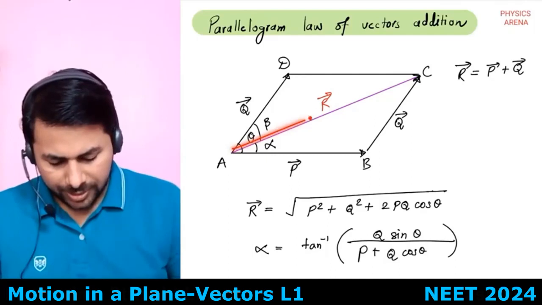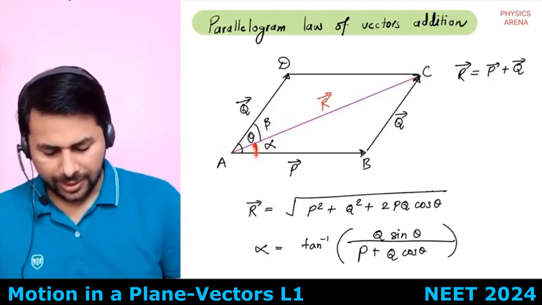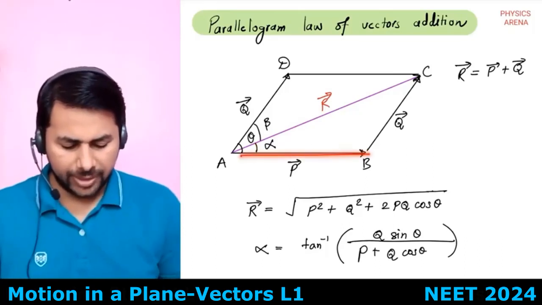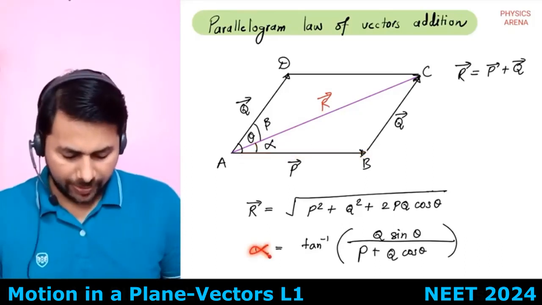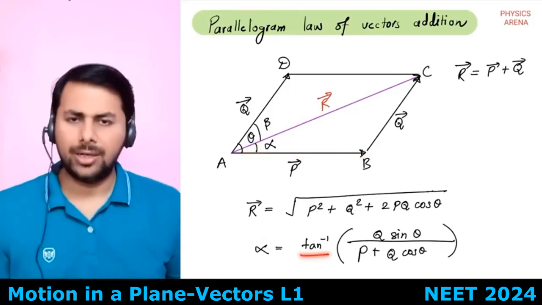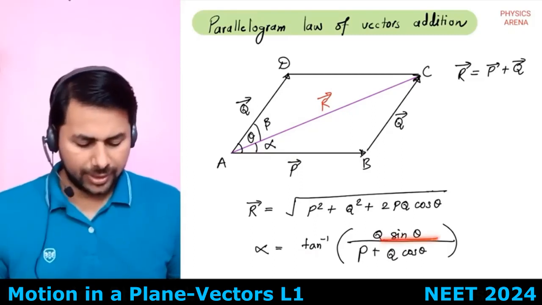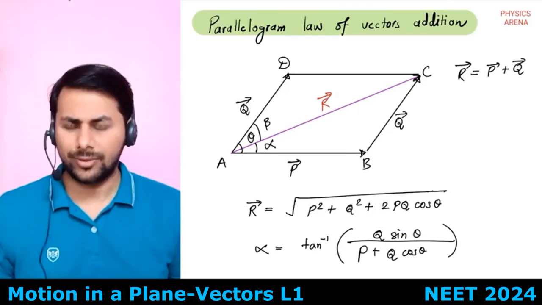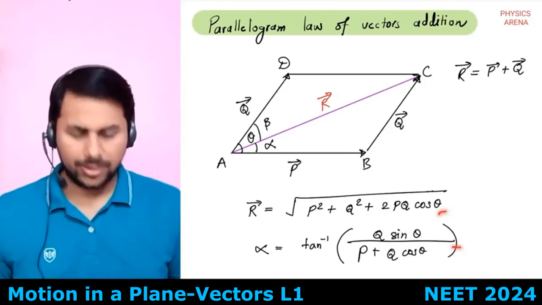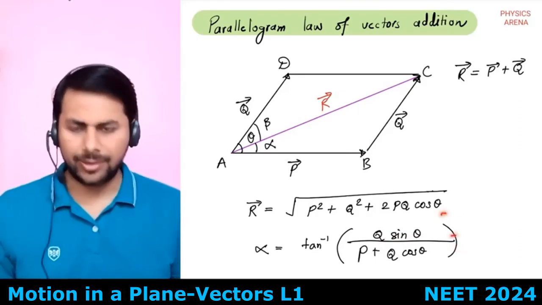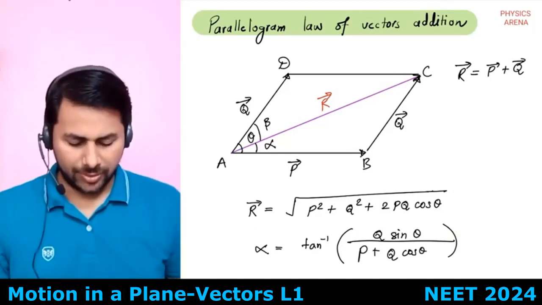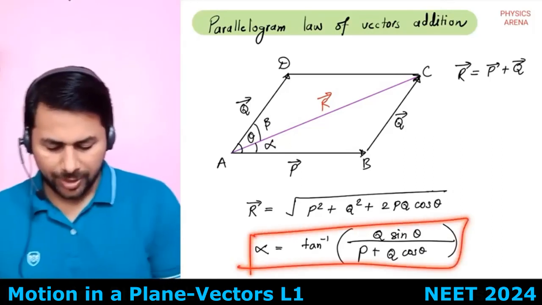Now suppose this resultant makes an angle alpha with the first vector, then alpha can be found using tan inverse of q sine theta divided by p plus q cos theta. Do you know this formula? Yes, sir. Okay, so we have to remember this formula.